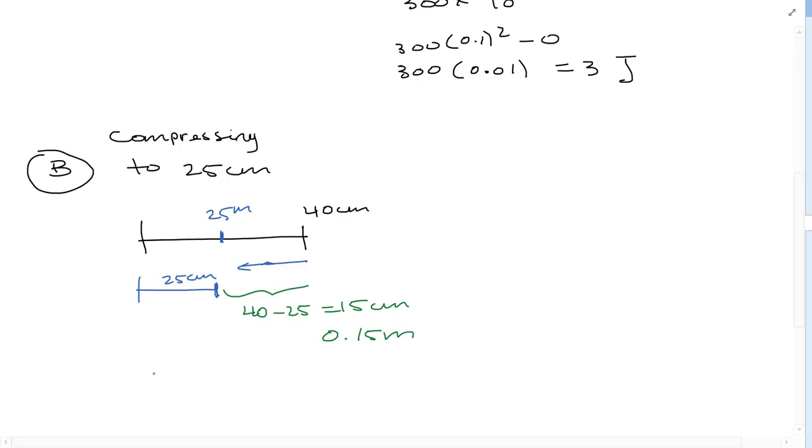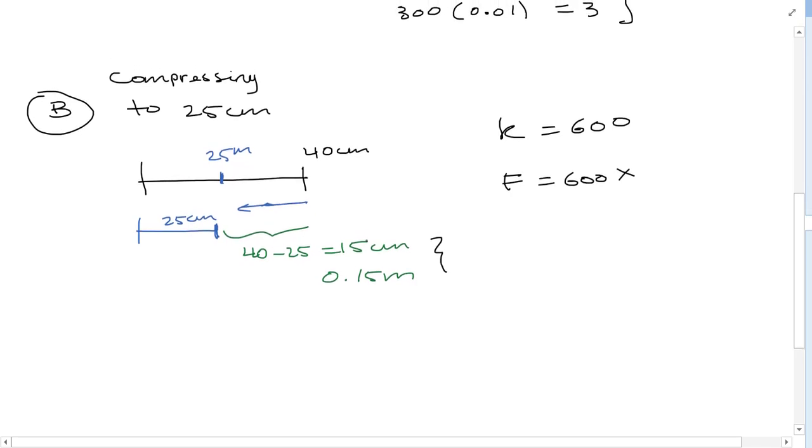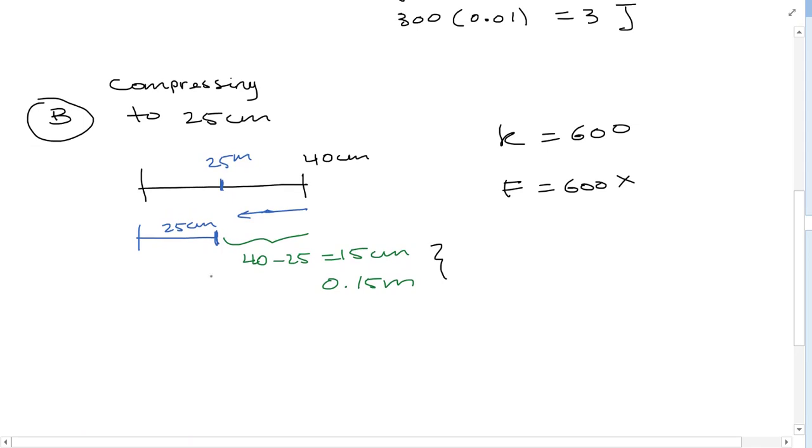This is the same spring, so our constant is the same. K is still 600, so F is still 600x. For compressing it this much, the work is the integral from 0 to 0.15 of force times displacement, 600x dx.